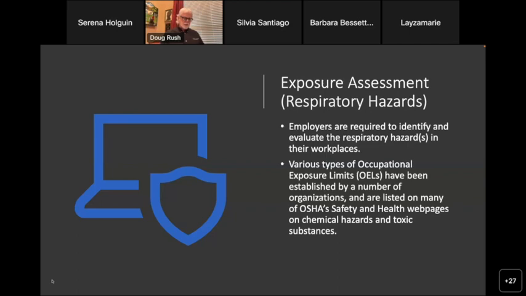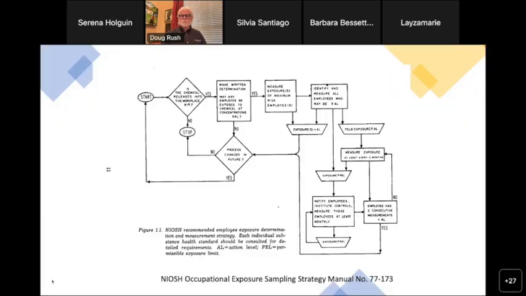And I go, so how do you know? He goes, oh, I got data. And then he produces the data. What did he know? So that's without doing the exposure assessment and a process that I'm going to show you here in just a couple of minutes. You just don't know. You don't know. So you have to do these things.